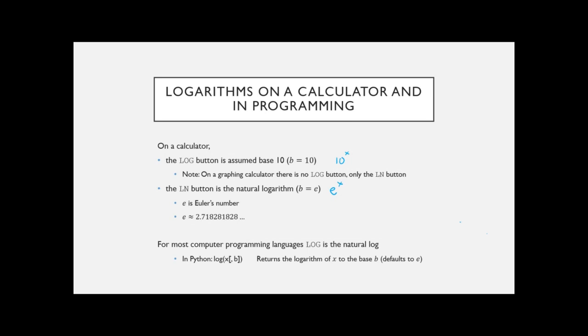So it's e to some power, and you want to know what that exponent is. And e is Euler's number. It's a number that goes on forever, just like pi. We usually approximate it to 2.72 or 2.718. On a calculator, that's what those two buttons are doing: the log button and the natural log button. Those have different bases for your exponential.